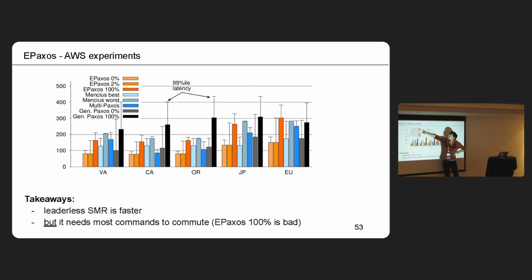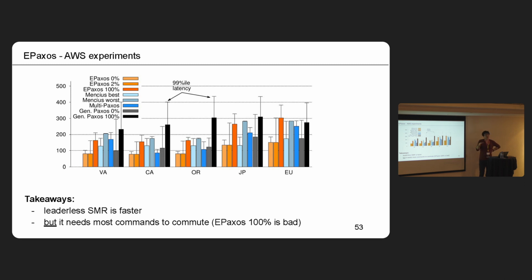You have with 2% of conflict, and then with 100% of conflict, okay? And then you have other protocols. So you have another leaderless protocol, one of them is called Mencius. You have Paxos, the state machine replication approach, and then you have another protocol which is called generalized Paxos. This is also a protocol by the same author as Paxos, Lamport, and you have two flavors of it. You have 0% and everything conflicting.